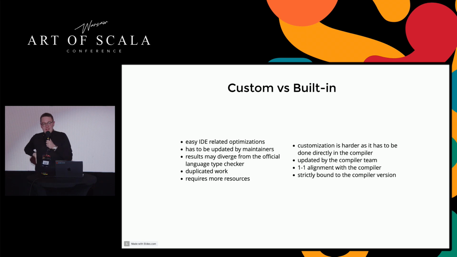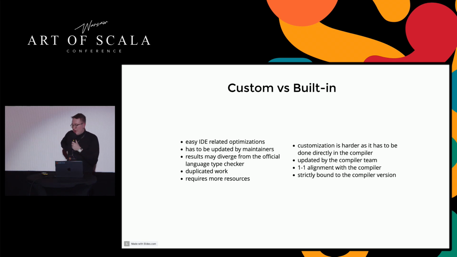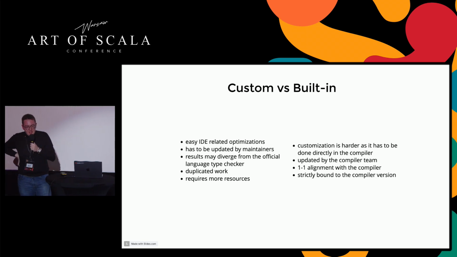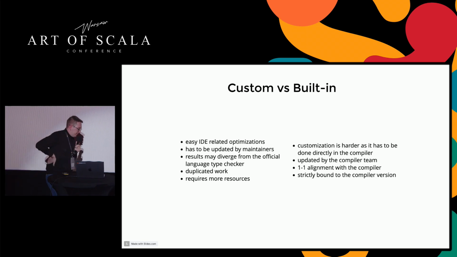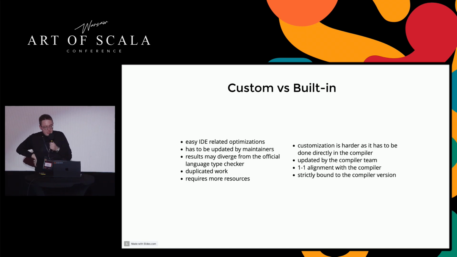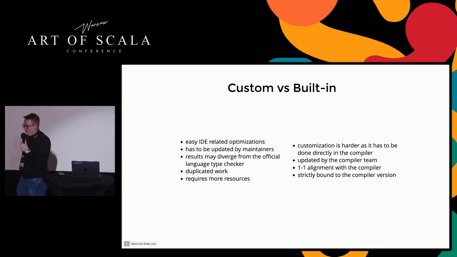Then we have, in my opinion, the biggest difference. The results may diverge from the official language type checker. So there is no way to basically re-implement a type checker and have a one-to-one relationship with the original compiler one. It is such a complex piece of software, especially when we don't have a specification for a typer.